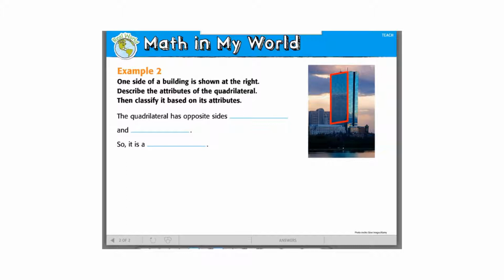So the quadrilateral has opposite sides blank and blank. The opposite sides of that are congruent and parallel, right? Because this side and this side are the same. This side and this side are the same. So opposite sides are parallel and congruent. You could say congruent and parallel as well.